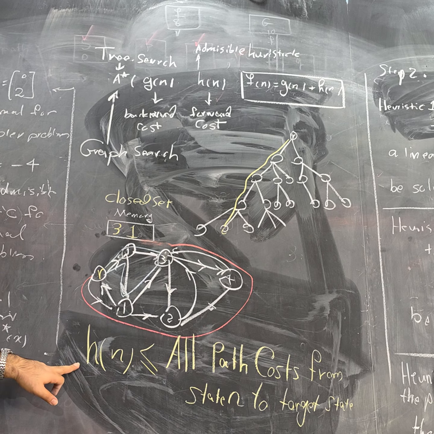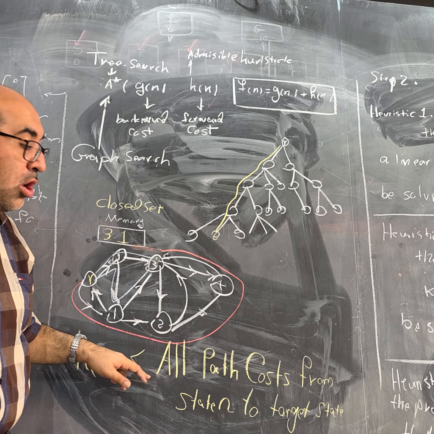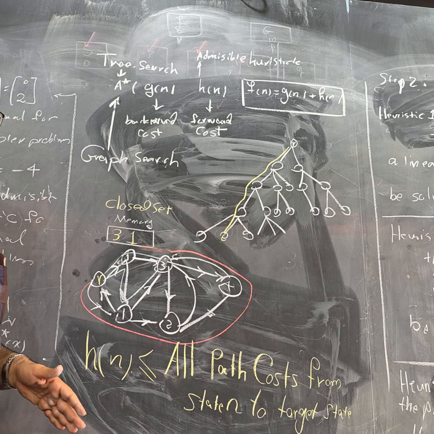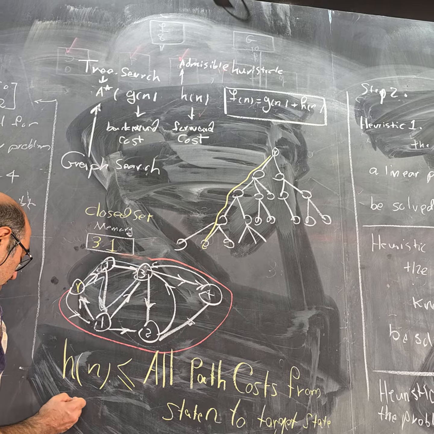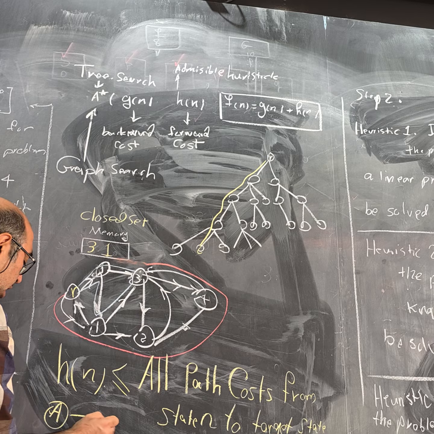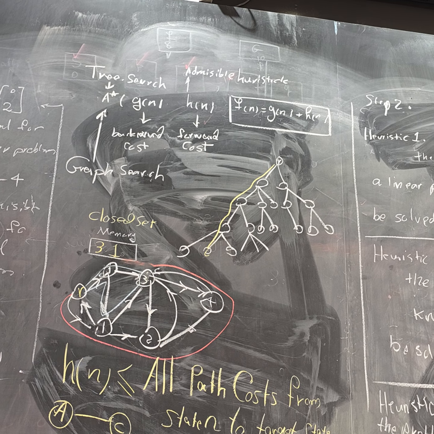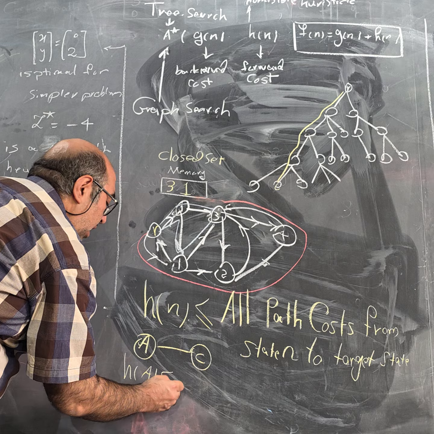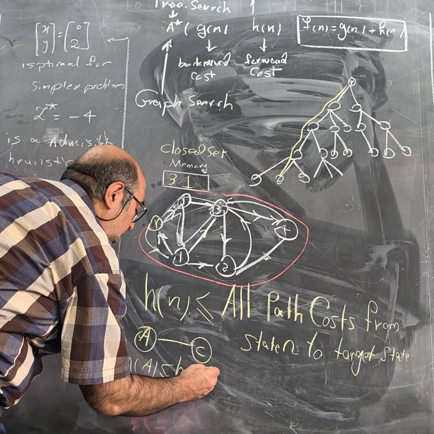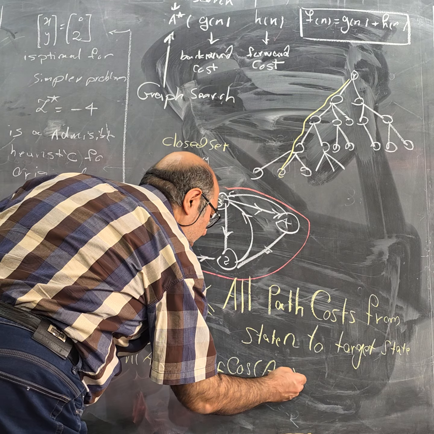Because of that, H(n) should be defined as a lower bound for all of the paths. This means if I have an option to traverse from A to C, H(A) should be less than or equal to H(C) plus cost A to C.